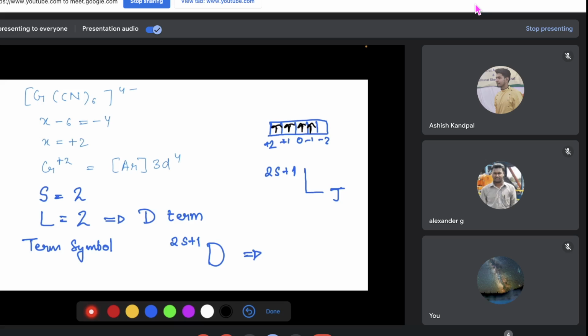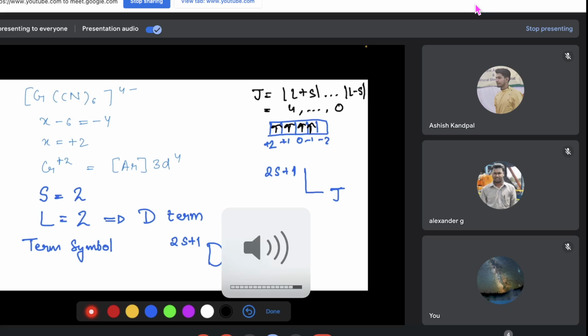So that will be 0 here, as J ranges from L plus S to L minus S. The L plus S value here is 4 and L minus S is 0. So the lower value of J, that is 0, corresponds to the ground state term.